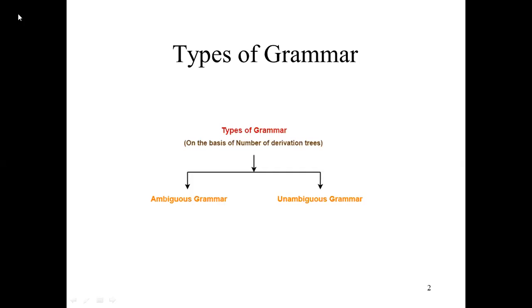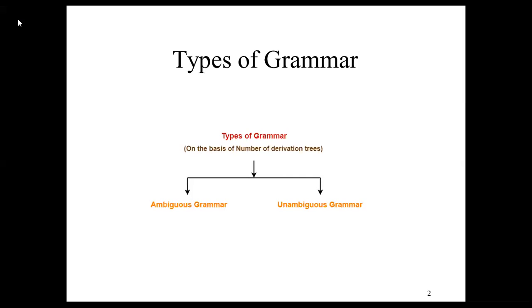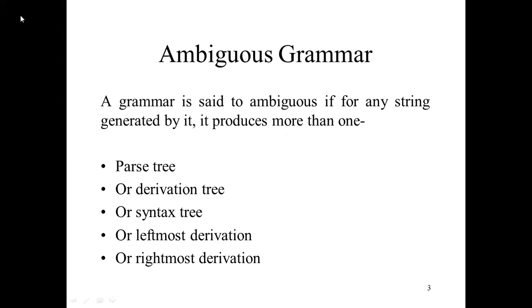So we will decide on the basis of the trees. If we are getting a single tree, it means unambiguous grammar, or ambiguous grammar if we are getting more than one tree for a particular derivation or expression.